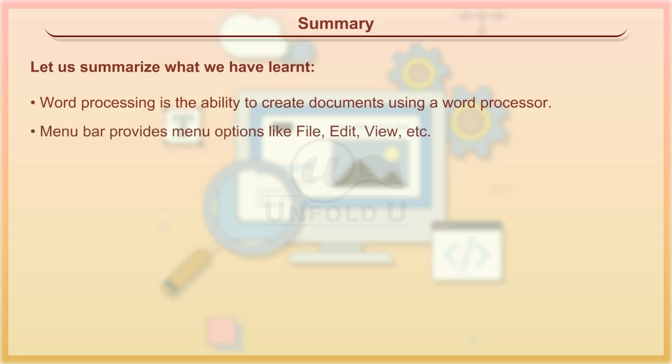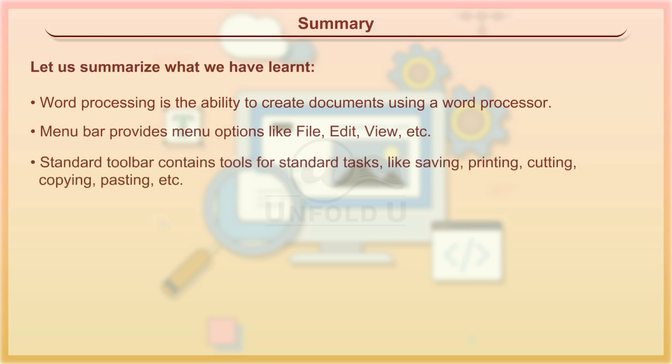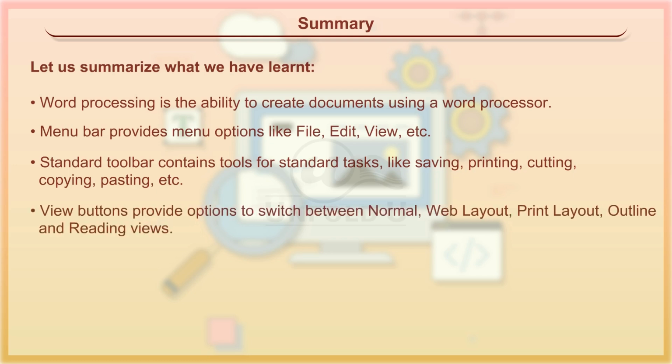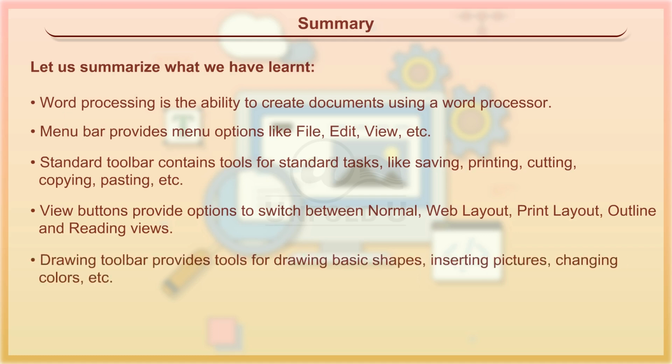The menu bar provides menu options like File, Edit, View, etc. The Standard toolbar contains tools for standard tasks like saving, printing, cutting, copying, pasting, etc. View buttons provide options to switch between normal, web layout, print layout, outline, and reading views. The Drawing toolbar provides tools for drawing basic shapes, inserting pictures, changing color, etc.